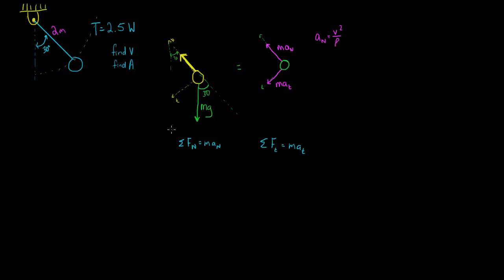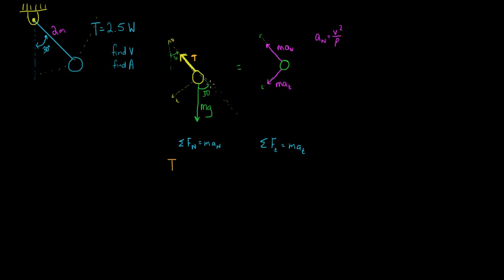If we sum our normal forces first, well, we have this T right here. We have T, it's going in our positive direction. We define normal, the positive direction, to be up. So we have T, and then we have to come up with this component of this mg.